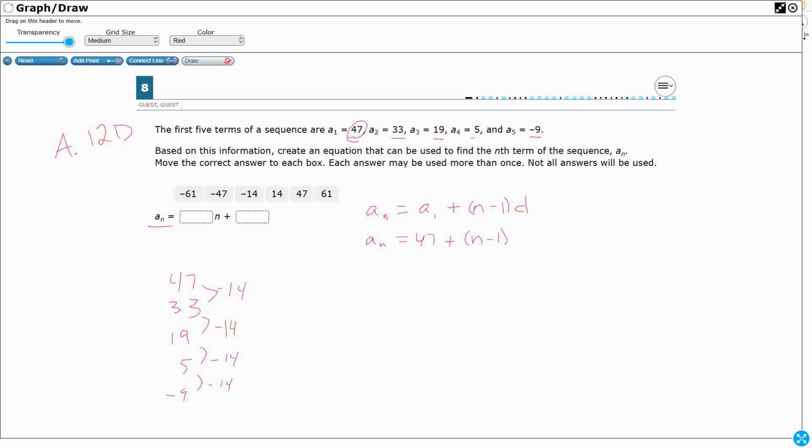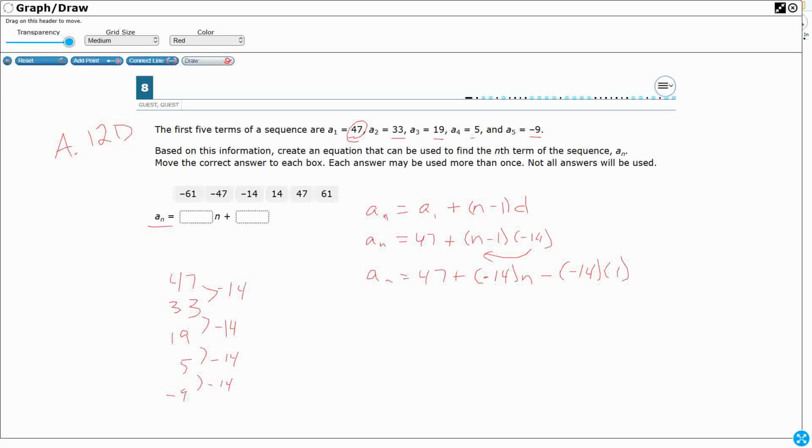N minus 1, and then we're going to multiply all of that by negative 14. So let's distribute this out here. And we'll say a sub n equals 47 plus, and then I've got a negative 14n, and then a negative 14 multiplied by 1.